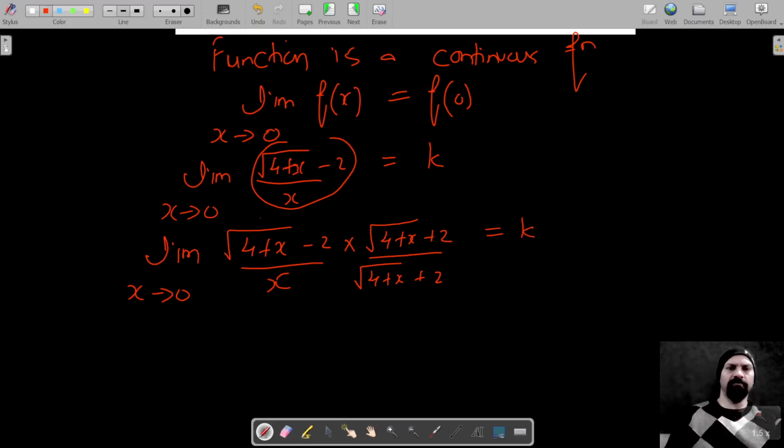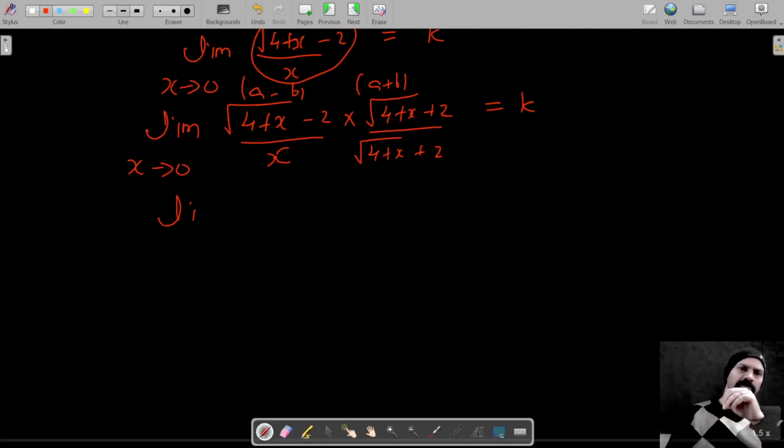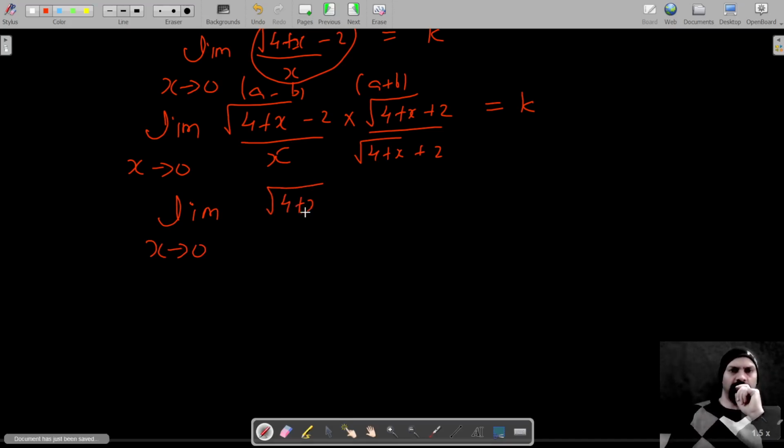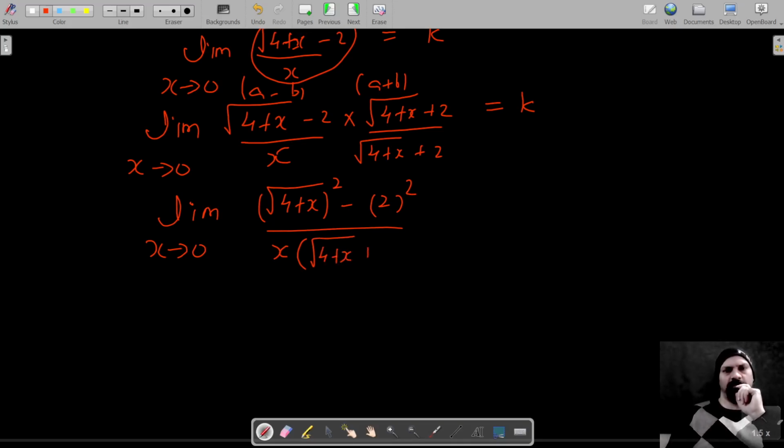Now this is of the form (a minus b) into (a plus b), which leaves us with the limit as x tends to 0 of a square, that is, under root 4 plus x the whole square, minus 2 square, upon x into (under root of 4 plus x plus 2), which is equal to k. So this gets cancelled.